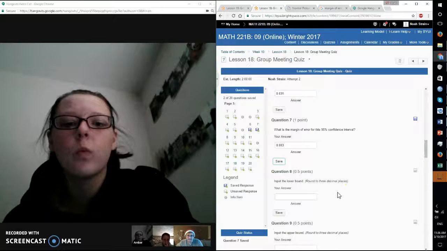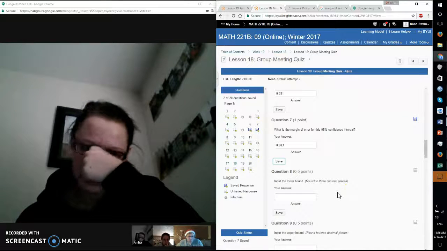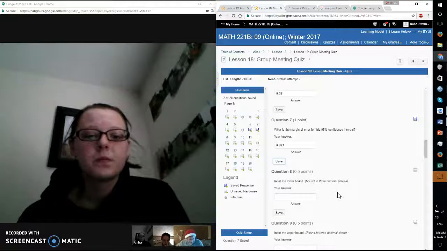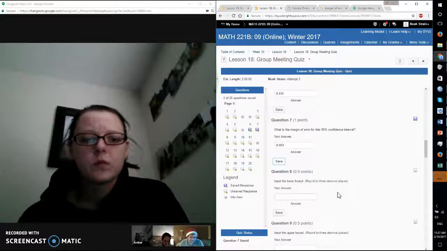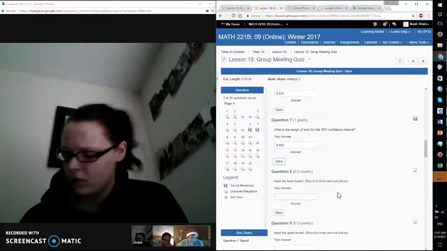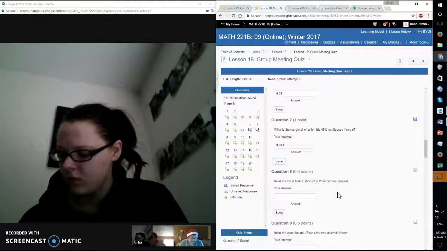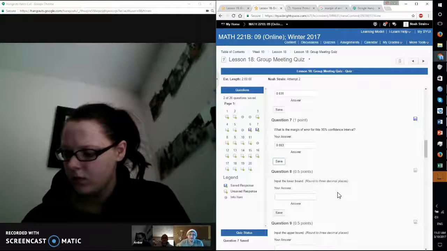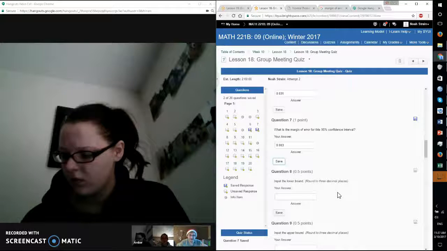For that one, really quick, what equation did you use? So margin of error is your z star, for what confidence level you want. In this case, 95% is 1.96, and then the square root of p hat times 1 minus p hat, divided by n.